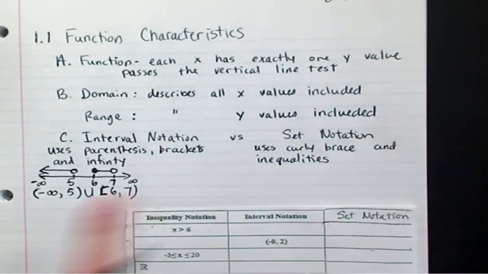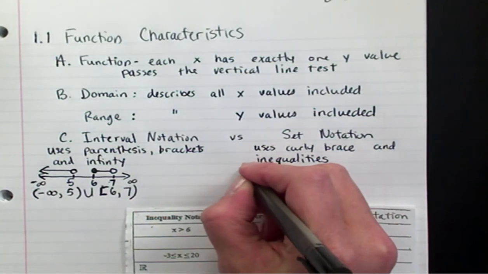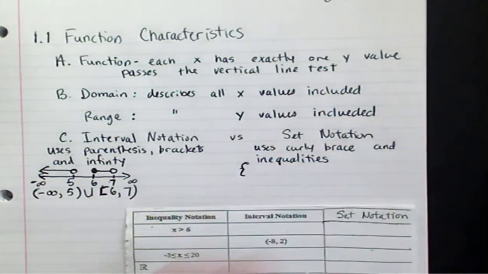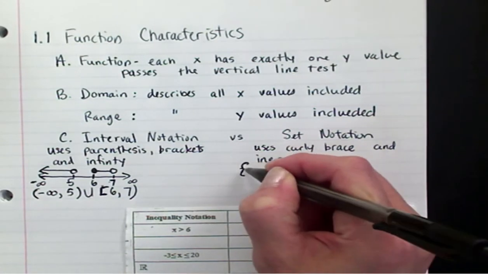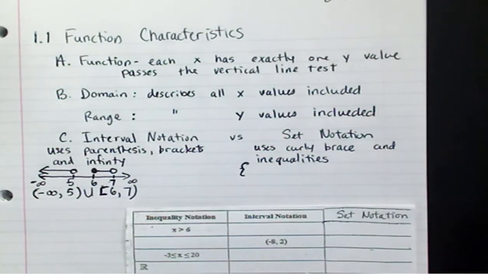Okay, we're going to turn this same graph into set notation. This one uses curly braces and inequalities. Okay, so I'm going to start with a curly brace. Do your best. It's kind of like 2 C's with a point in the middle. Right?